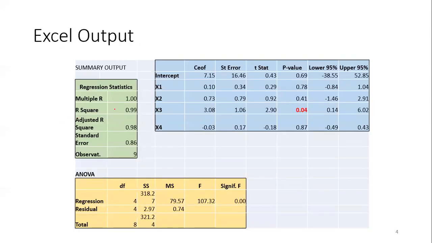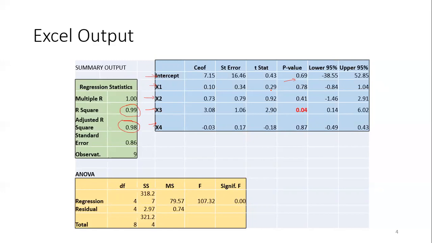And this is the output for the model. R square is almost full, 0.99. Adjusted R square is 0.98, perfect. When you look at this one, 0.69. Remember, at each line, we have a test for the hypothesis.